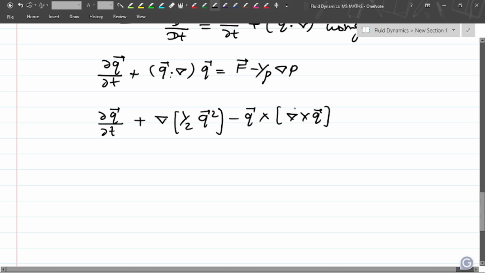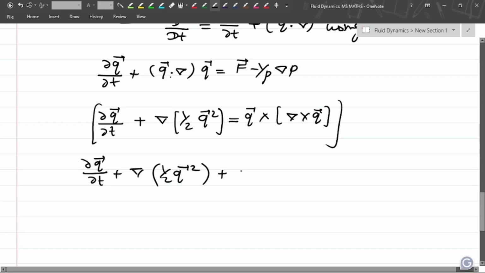So dou q vector by dou t plus del of 1 by 2 q square plus curl of q vector cross q vector is equal to f vector minus 1 upon rho del p.